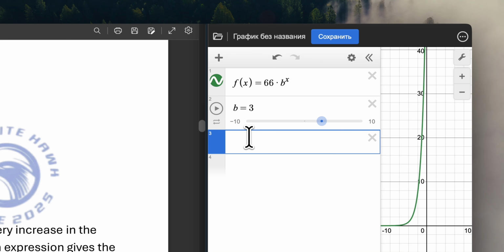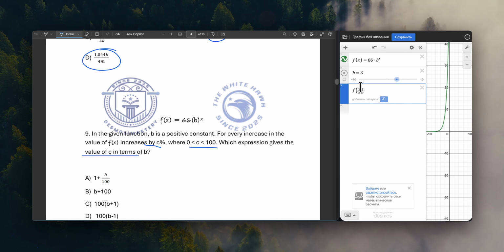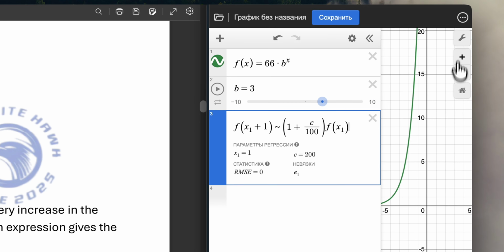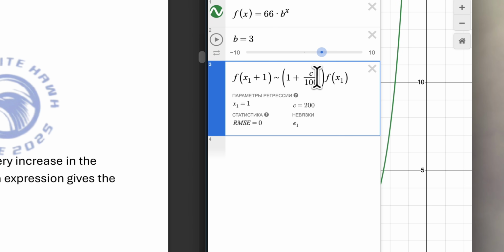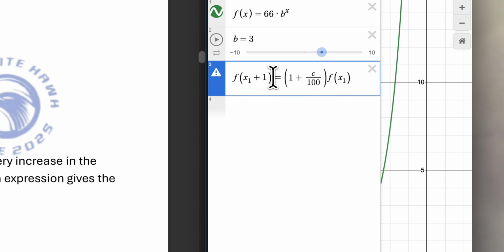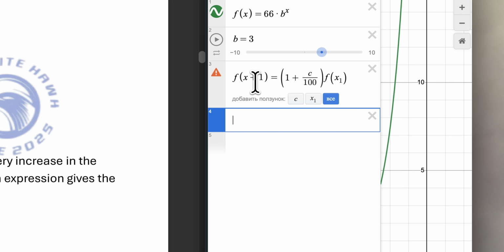And if I increase the value of x by 1, and also increase the value by 100, like this. And I can just take the equality if you want to see something.